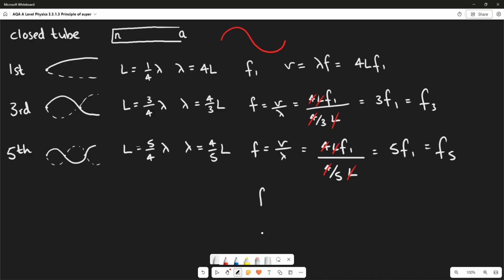Let's have a look at another type of standing wave and another type of musical instrument. So the last type of standing wave we're going to have a look at is created in open-ended tubes, for example, recorders.